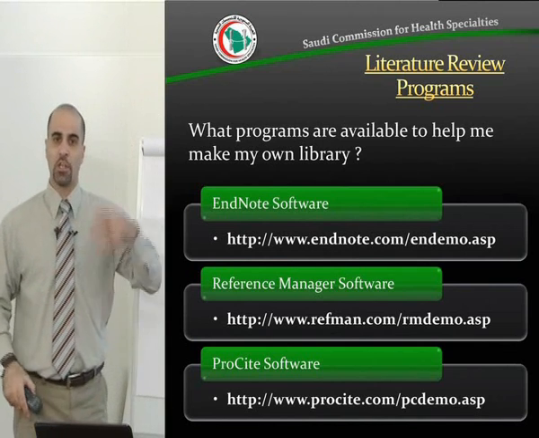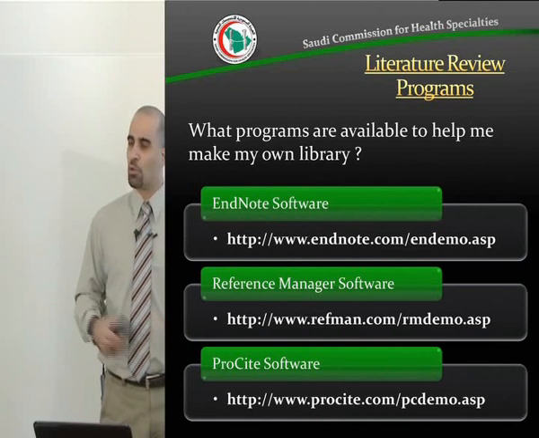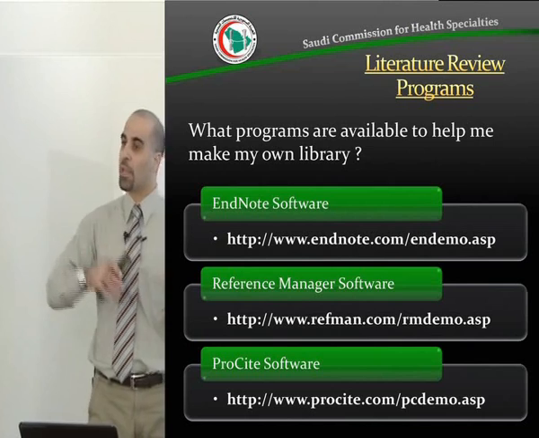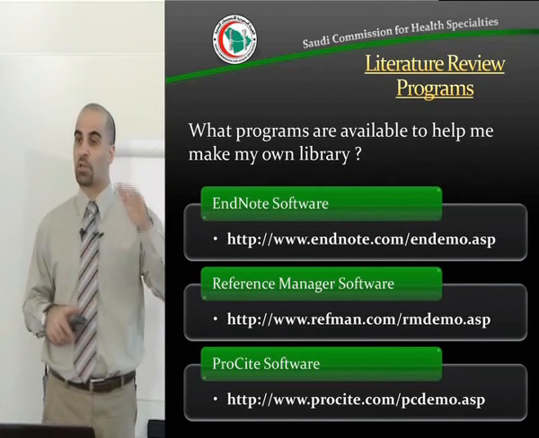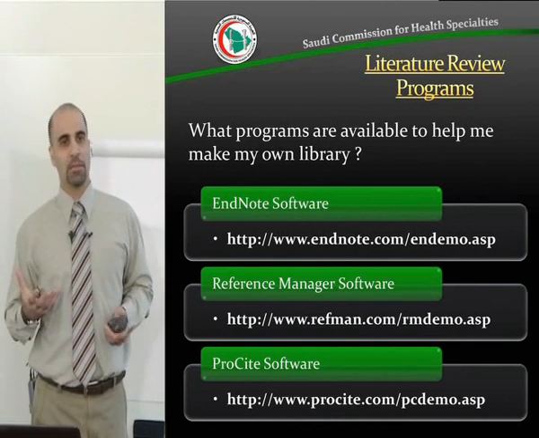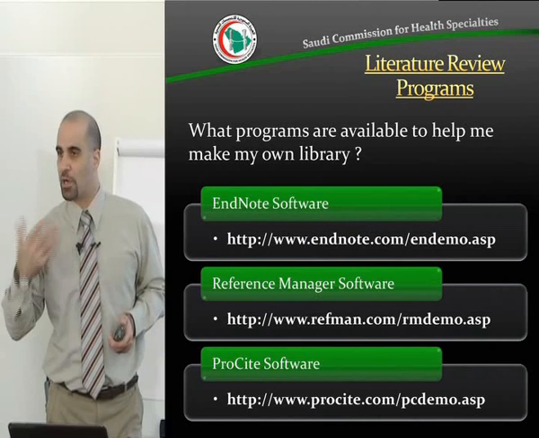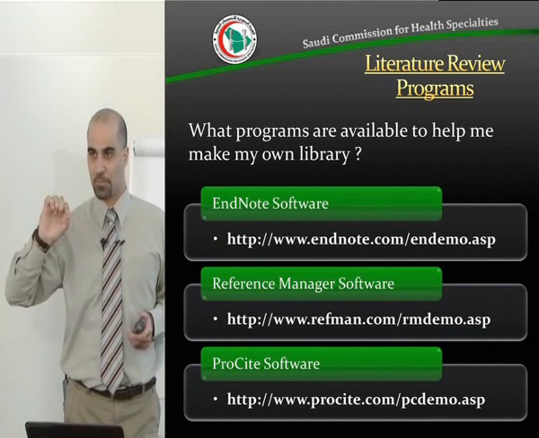So eventually, when you are doing all your search and you find maybe 50 articles, you don't have to worry about the references and the way you put the references. Endnote will do it for you, and it will organize it for you. What's even nicer, when you are writing a paper, you have to put references in the body of the text, right?